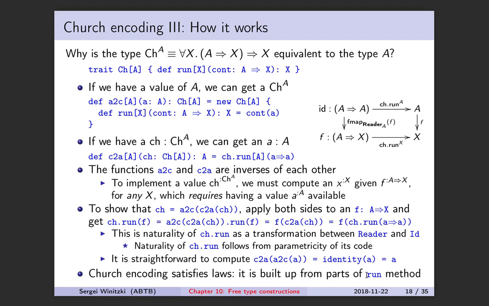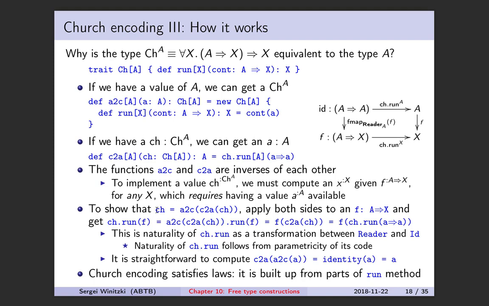This we already saw. And therefore, since our church encoding is basically functions that run, and the only way you can use them is to call these functions, then church encoding will satisfy laws automatically.